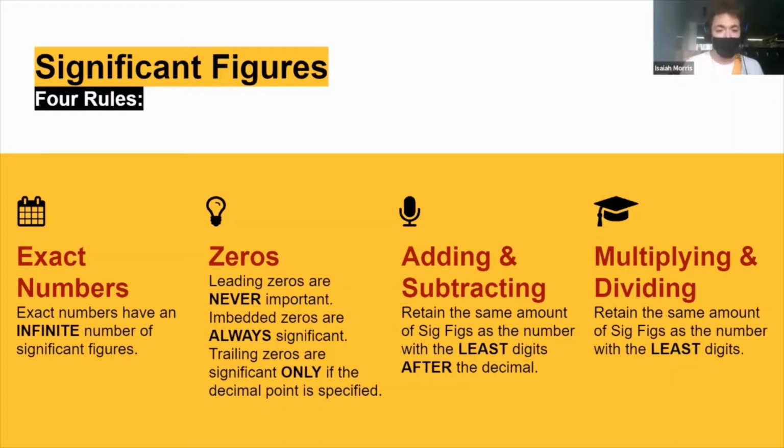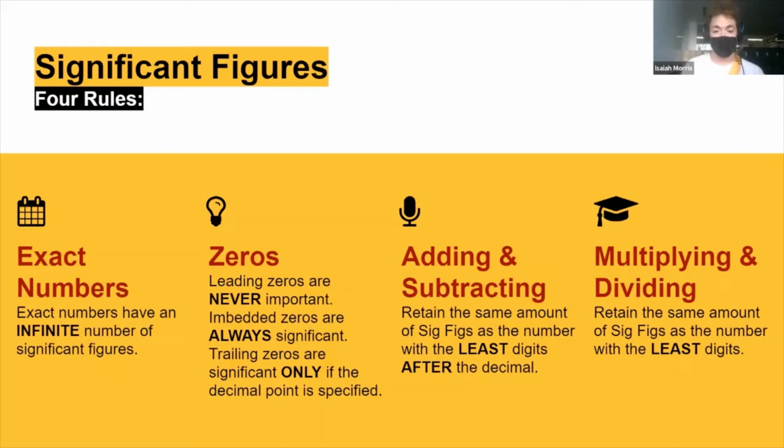The last thing about zeros is that trailing zeros are only significant if the decimal point is specified. So zeros at the end of numbers, if you were to talk about the number 4,000, those zeros really don't count as much as if you were to do a 0.400. Those decimal points actually do matter.